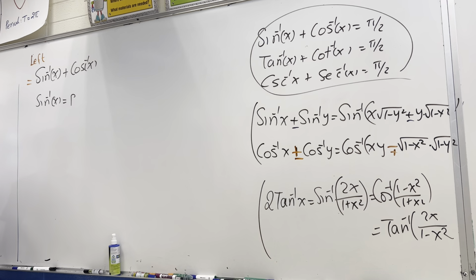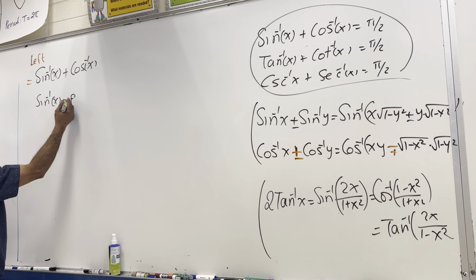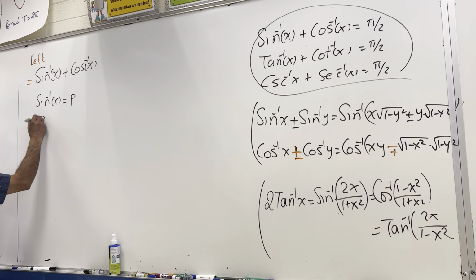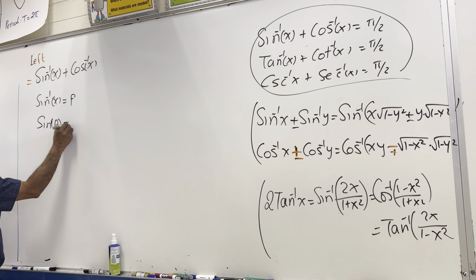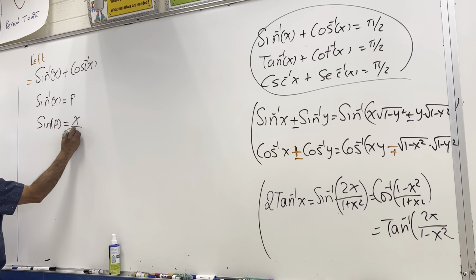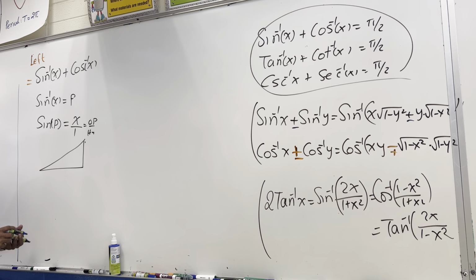By definition of inverse trigonometric function, this means sine of p is x. Now what does x mean? x over 1, that's like opposite over hypotenuse. You can create a triangle like this with the angle p here, or theta, whatever. I should have taken theta, that's fine.